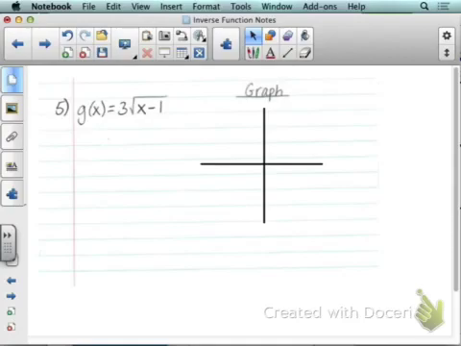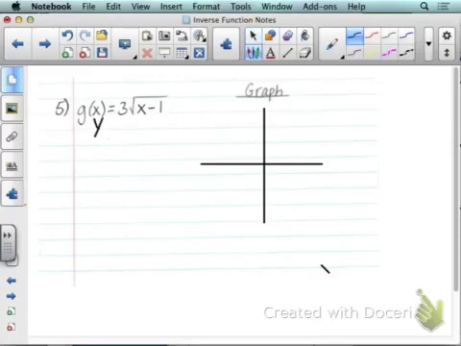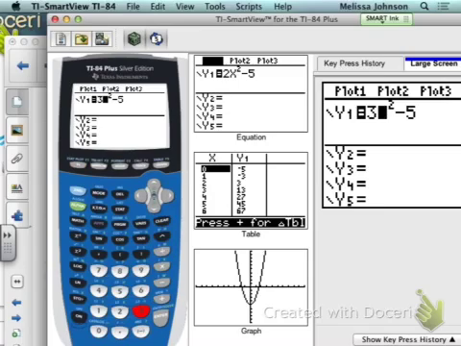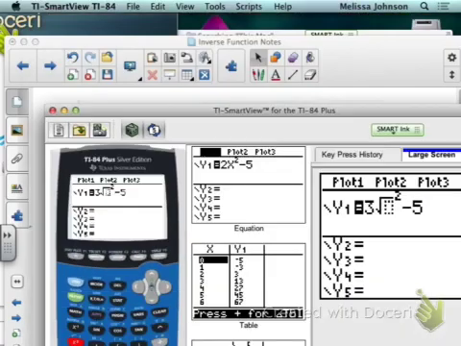Okay, in our last example for the graphing, this is going to be kind of a longer video, which is okay. We're going to graph g of x equals 3 square root of x minus 1. So it's going to be y equals 3 square root x minus 1. Let's go to our calculator and check out what that will look like.